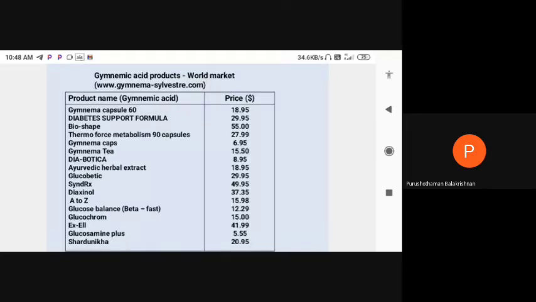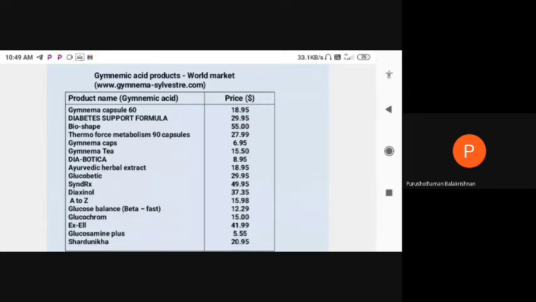Gymnemic acid products are now available in the market for human use, with various gymnemic acid contents added to particular products with some additional composition. Examples are Gymnema capsules, diabetes support formula, BioSafe, Gymnema cap, Gymnema tea, Dioda and Biodia. Many types of products are available; I have given a very limited list only. When you go through the internet, you can find even more. People use them for diabetes.